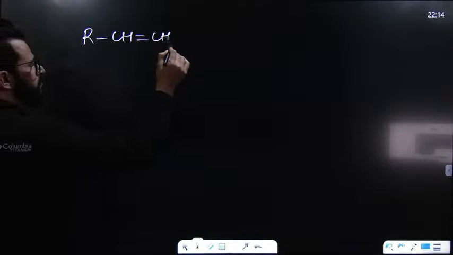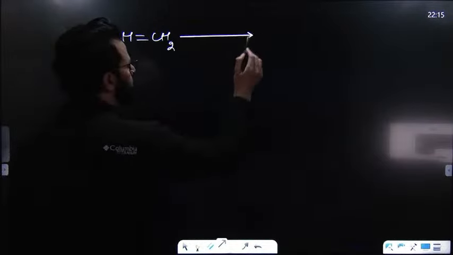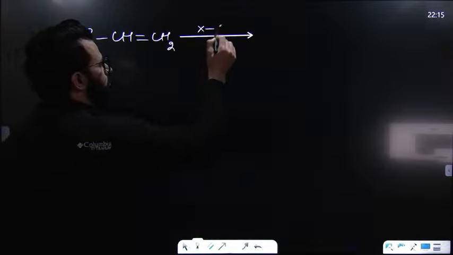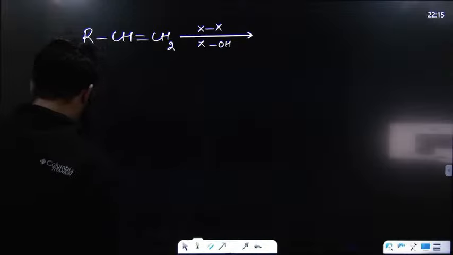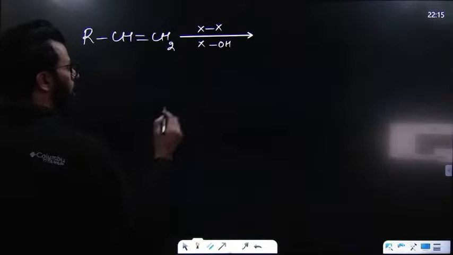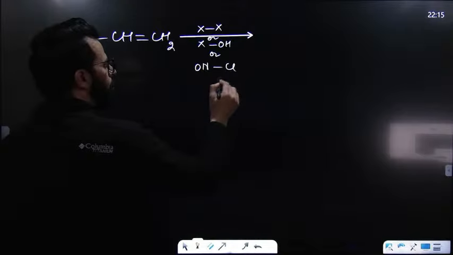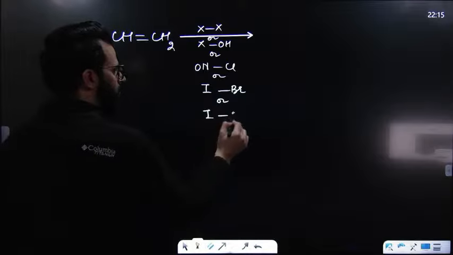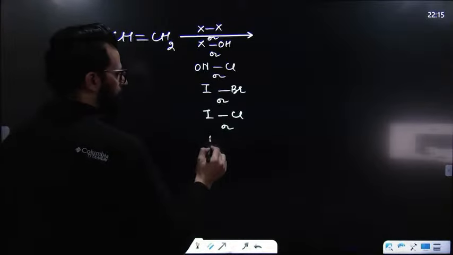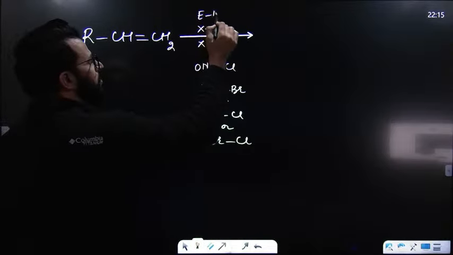If you have an unsymmetrical reagent, and you have reactions like either XX or XOH, or NOCl, or IBr or ICl or BrCl, what you have to do is, these are the nucleophilic parts.